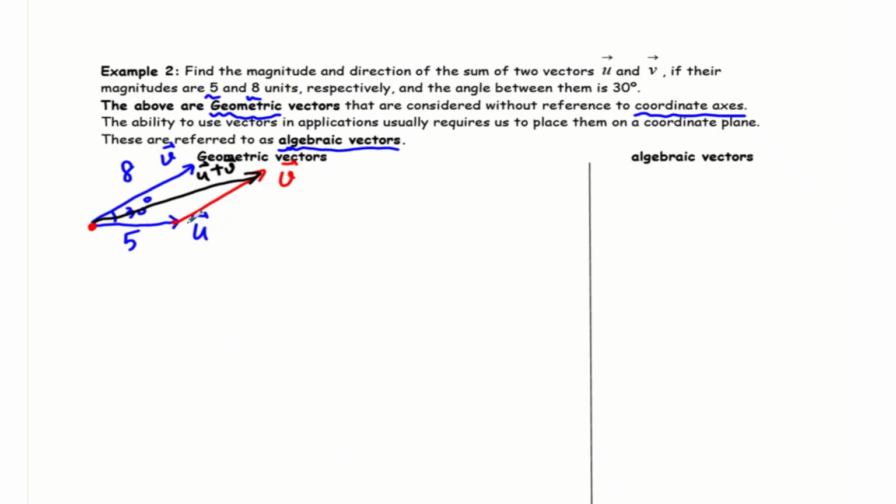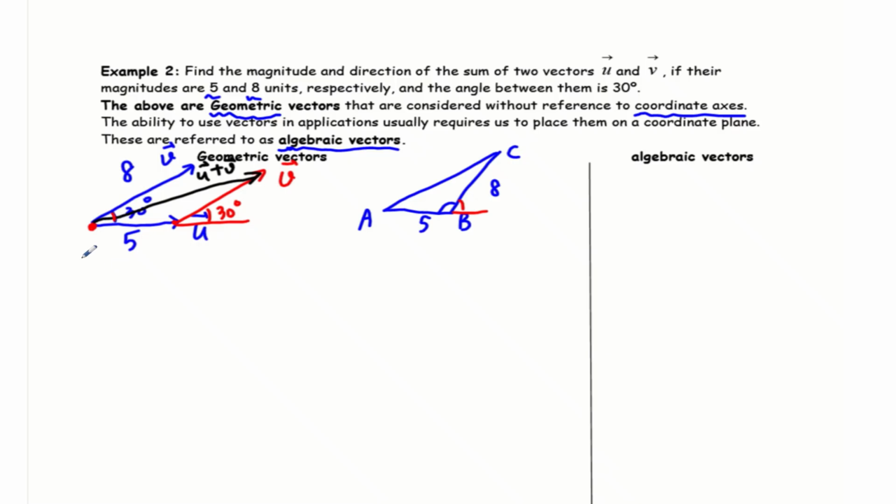And from here we could redraw it. Here is a triangle. We could label it A, B, C. This is 5, this is 8, and this angle, 30 degrees, is not in the triangle, so we have to bring it to this triangle. Here is the F pattern, because these two are parallel, so this one is 30 degrees.